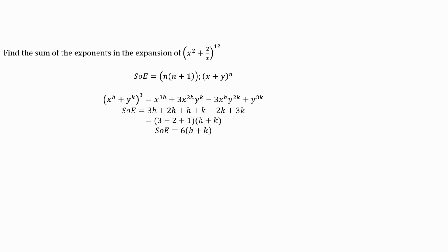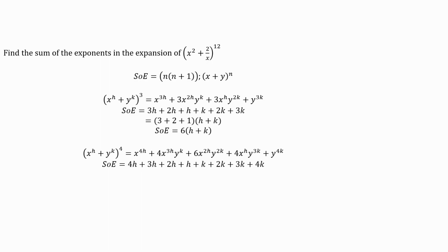Or 6 times h plus k. Kapag naman raised to 4, so 4h, 3h, 2h, h plus k, 2k, 3k, and 4k. Or pwedeng 4 plus 3 plus 2 plus 1 times h plus k. Or 10 times h plus k.